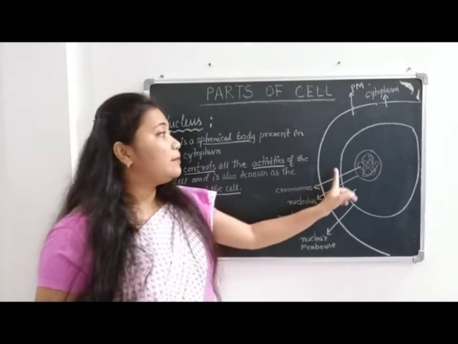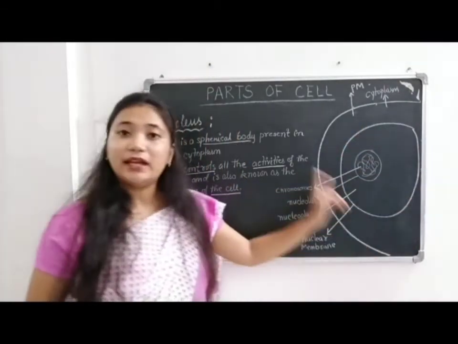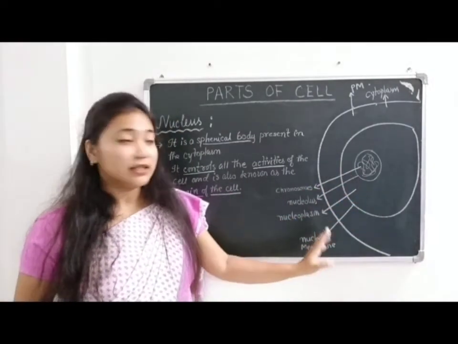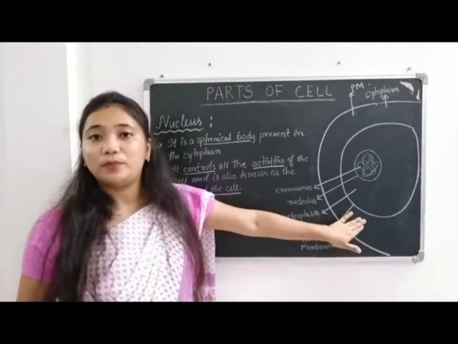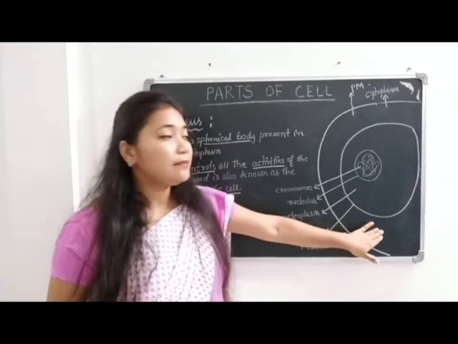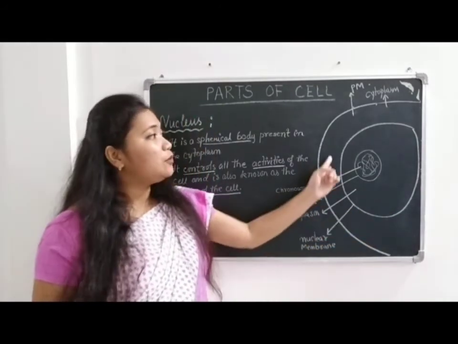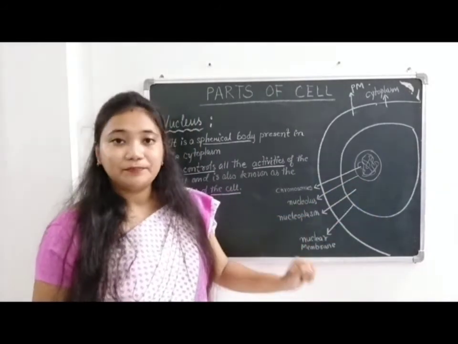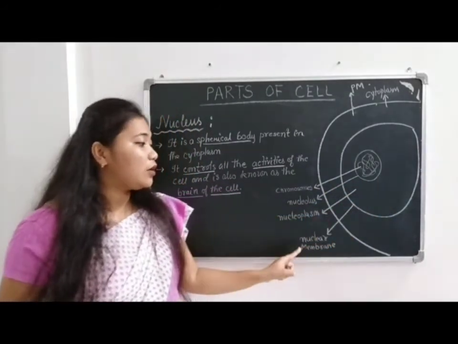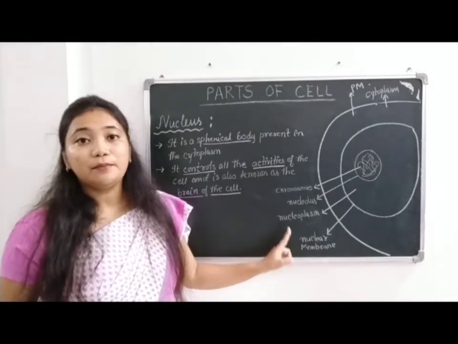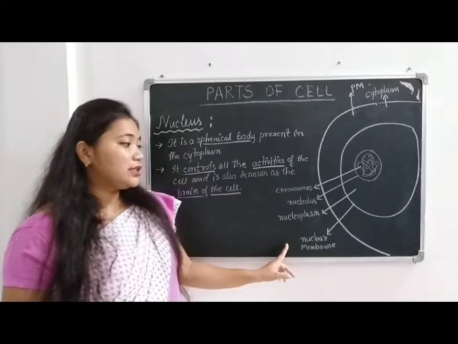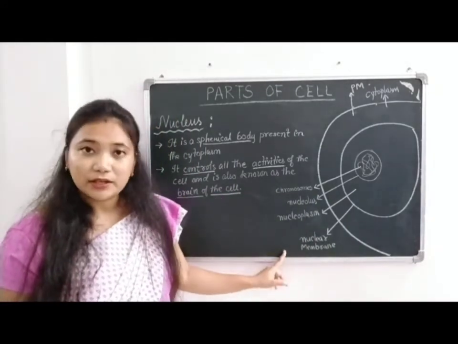So there will be another membrane which will separate the nucleus from the cytoplasm. This new membrane helps the nucleus remain separated. We will call it the nuclear membrane because it is the membrane of the nucleus.